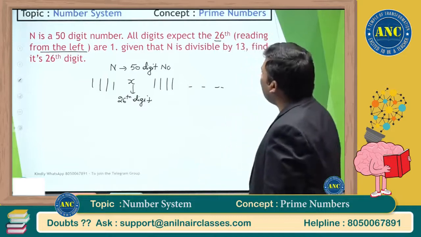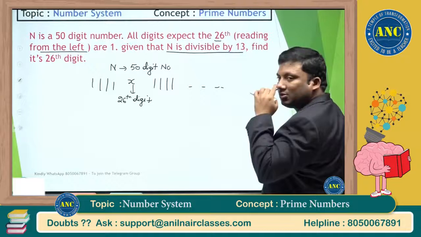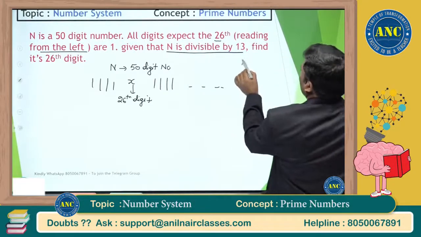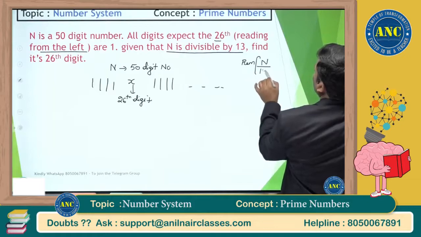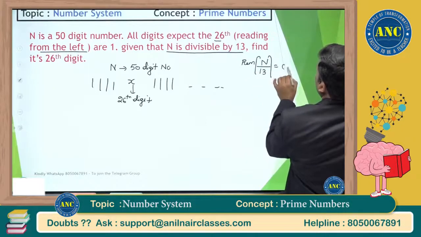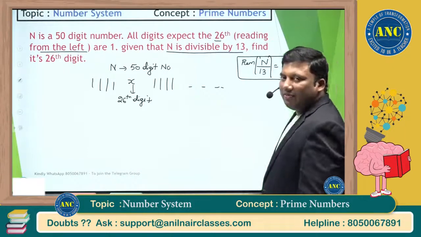Given that the number is divisible by 13, the remainder it is 0. Seems like a mock question, but it is a very easy question.